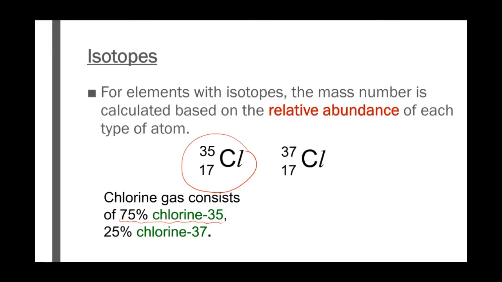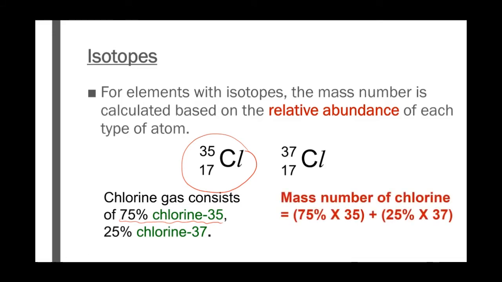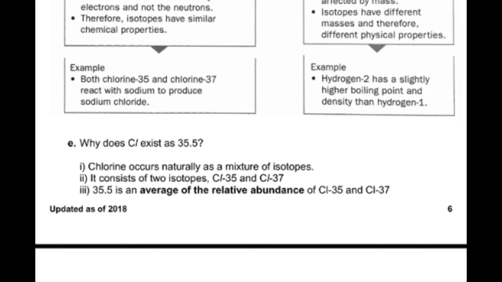So how do we calculate what exactly is the mass number? We do a simple mathematical calculation based on the relative abundance of each isotope. So the mass number of chlorine will be equivalent to 75% multiplied by 35, which is the mass number of this chlorine-35, followed by 25% multiplied by 37, which is the mass number of chlorine-37, and you end up with the value of 35.5.